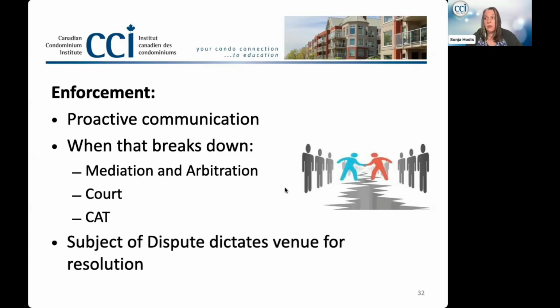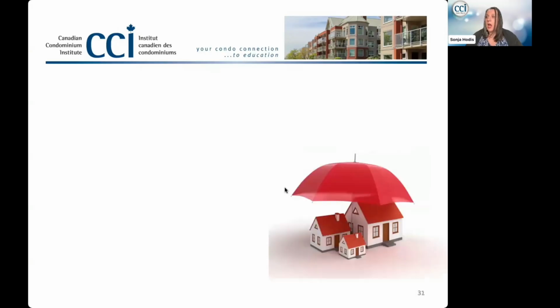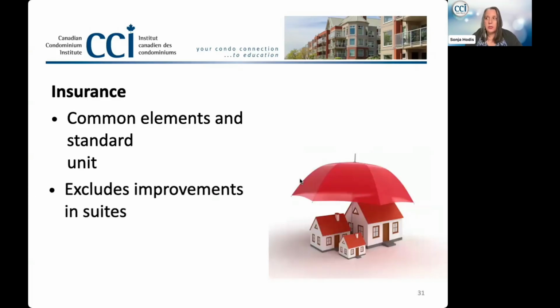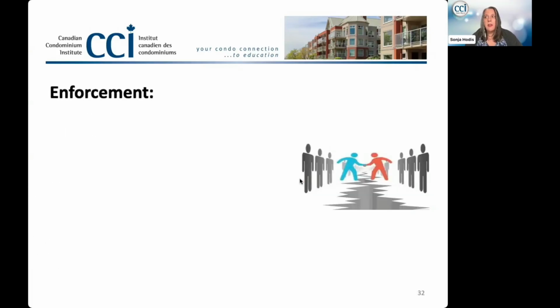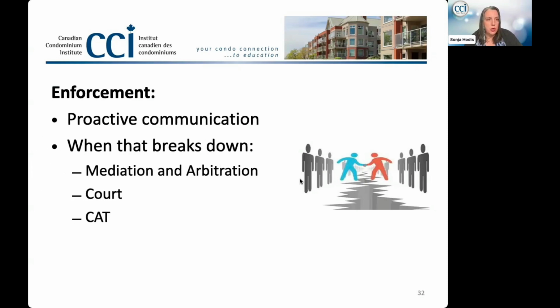Another way to deal with enforcement is to go to the courts. And again, limited things can go to the court. Then, if you can't go to court and it's not subject to mediation and arbitration, you are going to the CAT, the Condominium Authority Tribunal, which is part of the CAO.